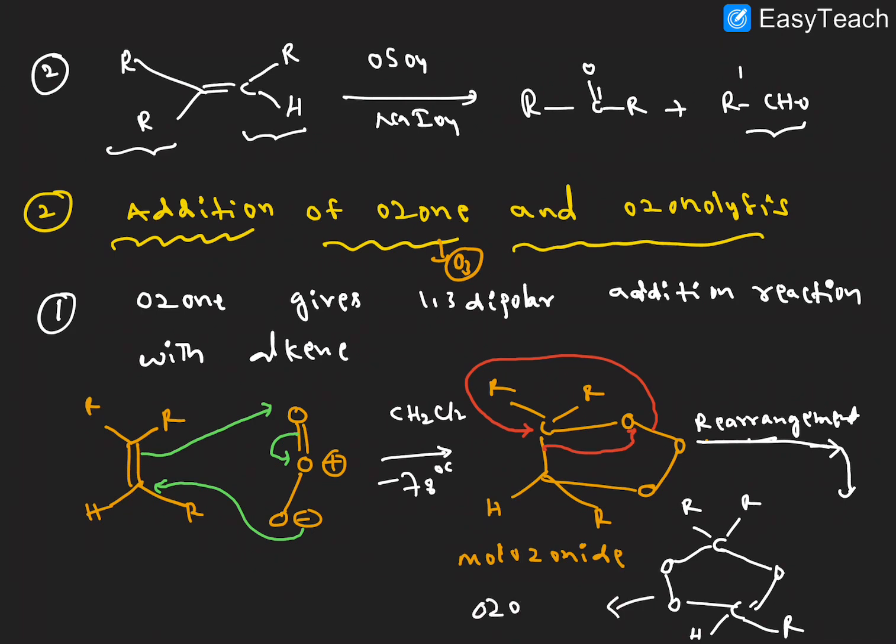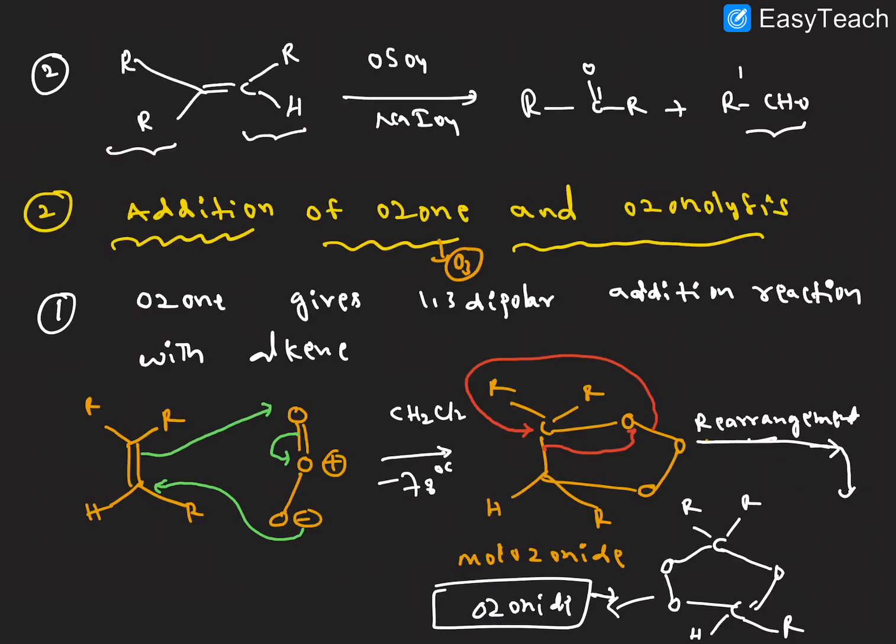What is the name of this compound? This is called ozonide, right? I hope it is clear, right? Whatever final product is forming, the ozonide is converted into carbonyl compounds by the addition of an oxidizing agent as well as a reducing agent, right?